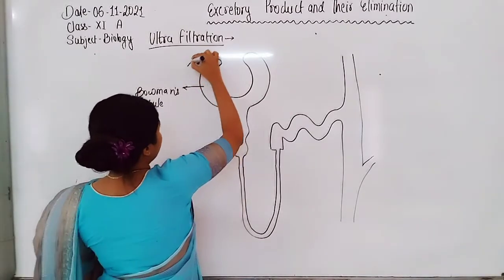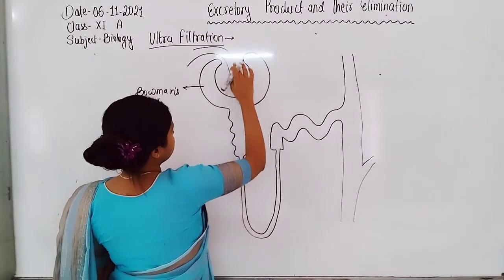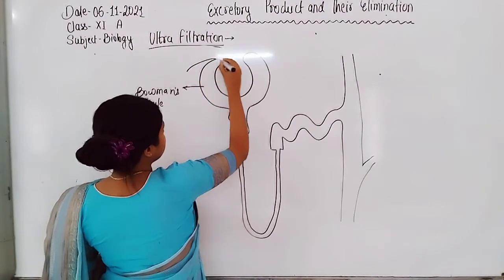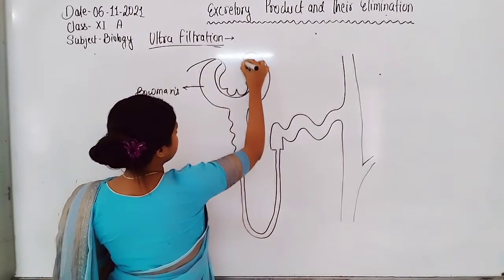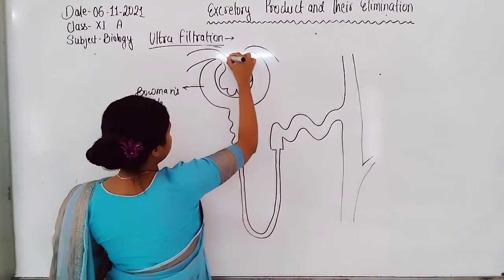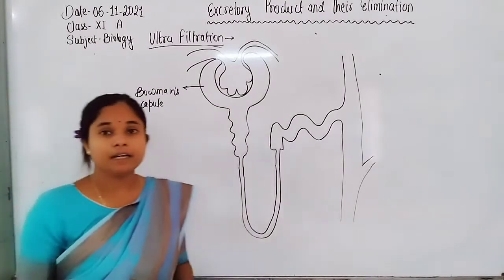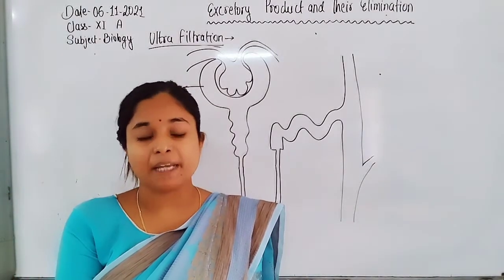In the Bowman capsule, the afferent arteriole is modified and divided into minute capillaries.